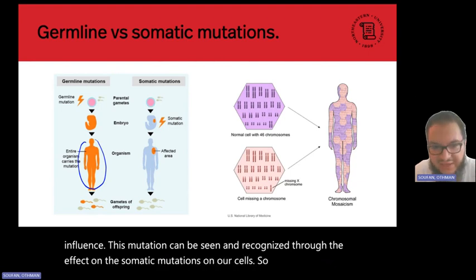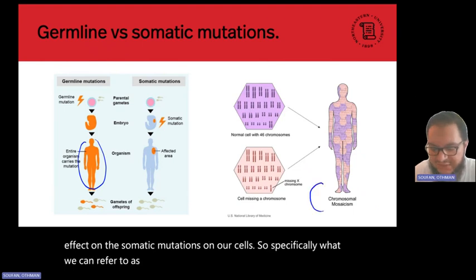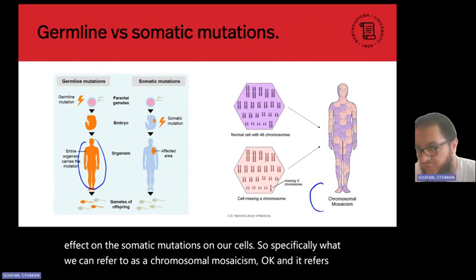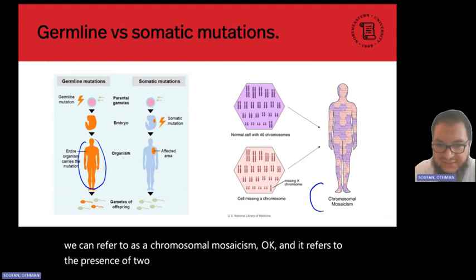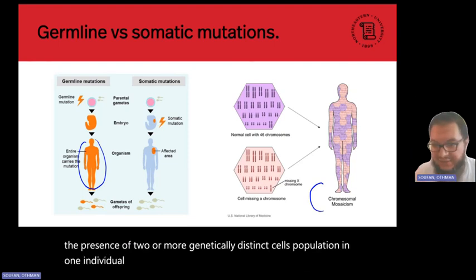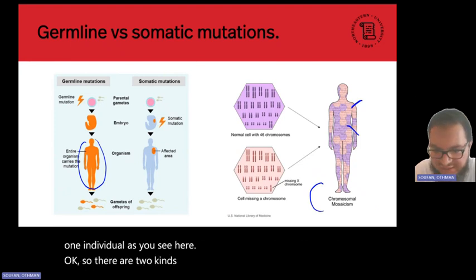So specifically what we can refer to as chromosomal mosaicism, okay? It refers to the presence of two or more genetically distinct cell populations in one individual, as you see here, okay? So there are two kinds of population in this case.